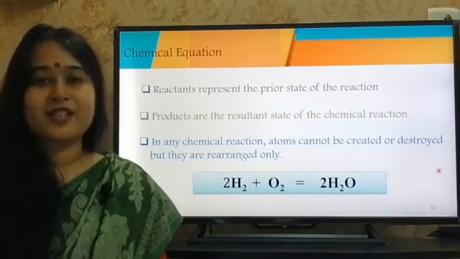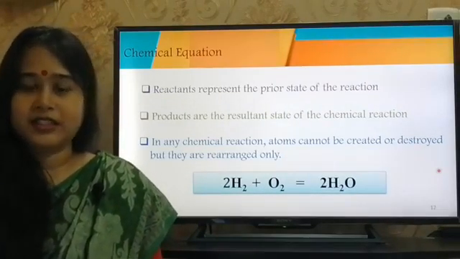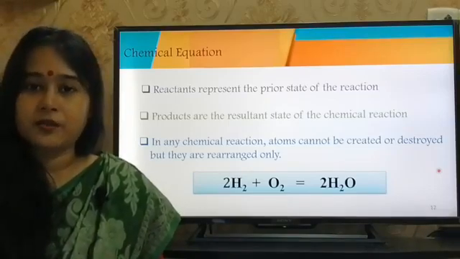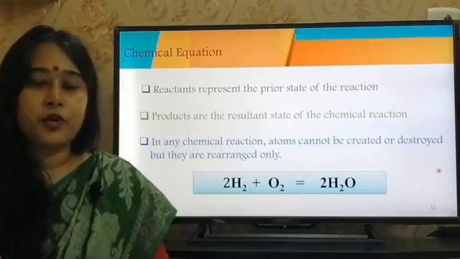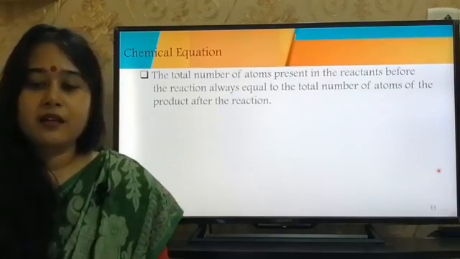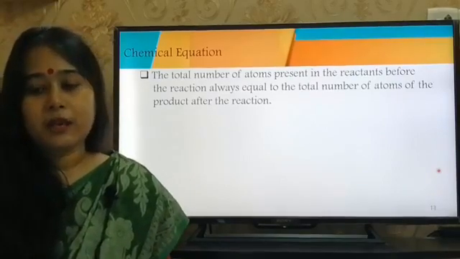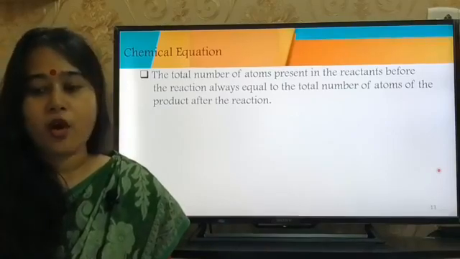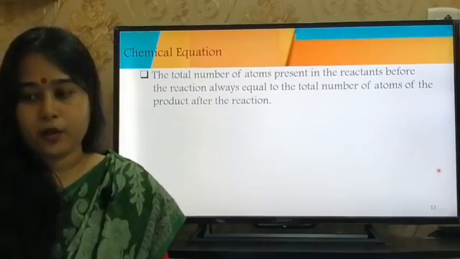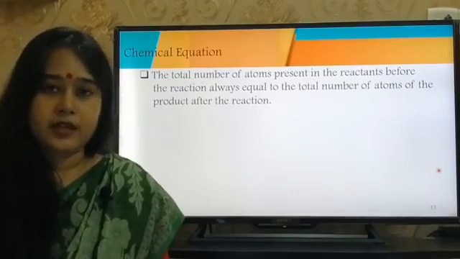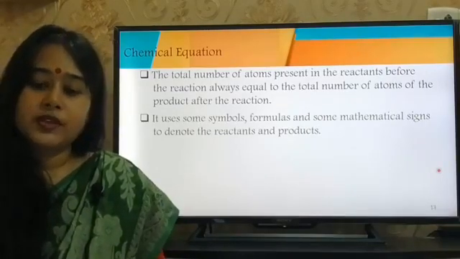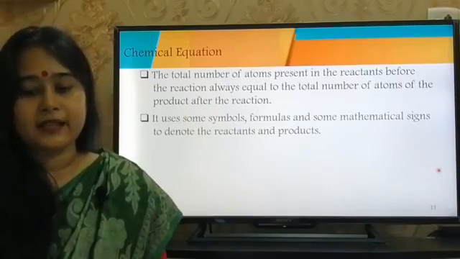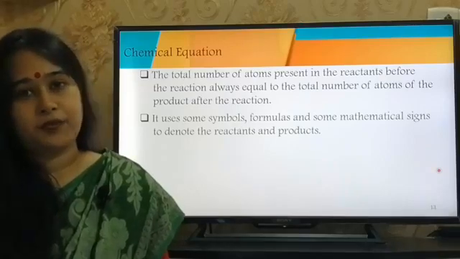In this chemical reaction, the atoms of hydrogen and oxygen are neither created nor destroyed, rather they rearrange themselves and make a new product which is water. In a chemical equation, the total number of atoms present in the reactants before the reaction is always equal to the total number of atoms of the product after the reaction. And it uses some symbols, formulas, and some mathematical signs to denote the reactants and products.